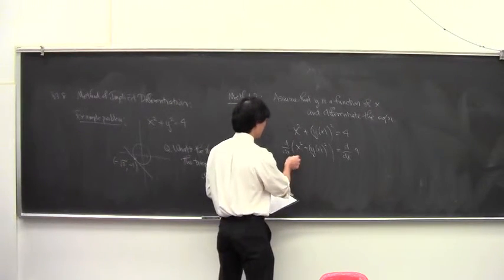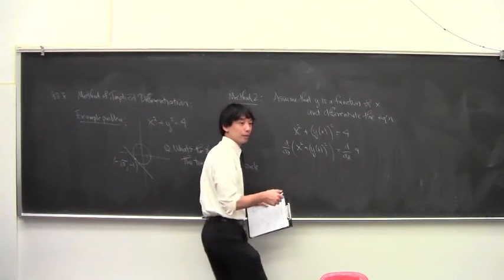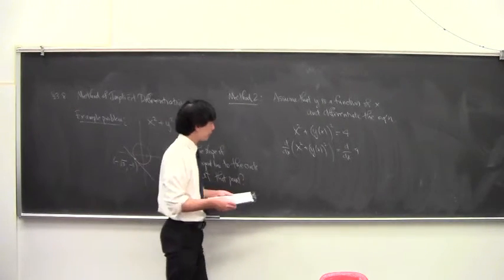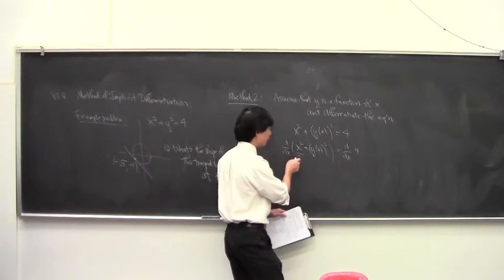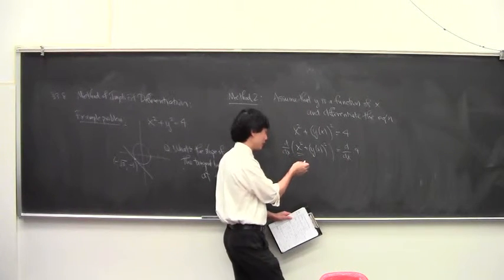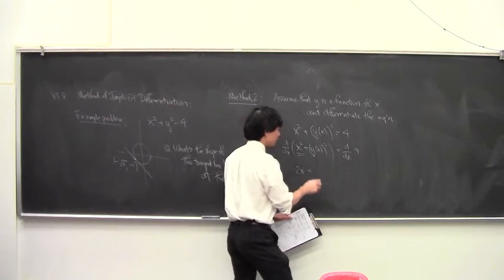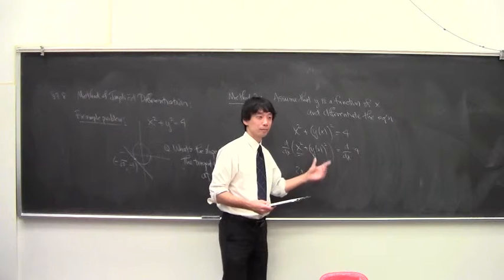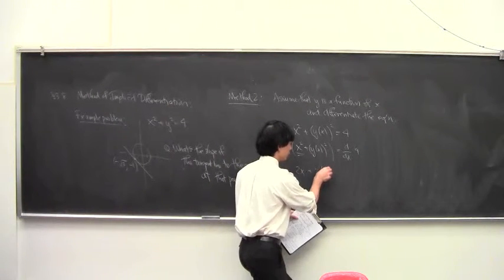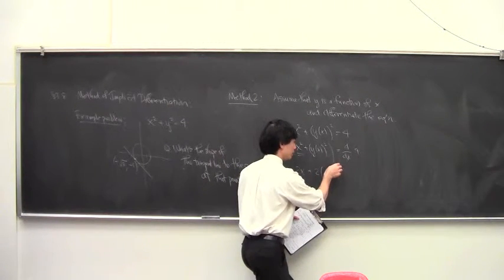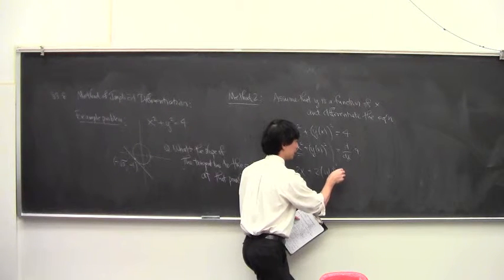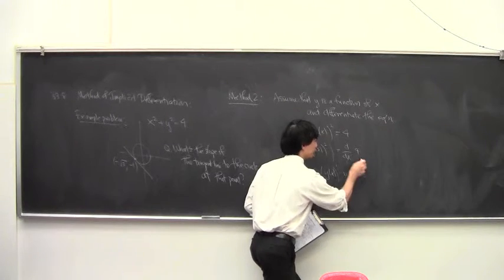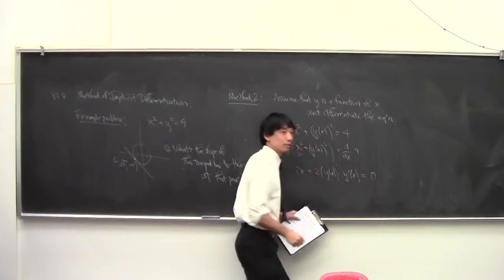What's the derivative of x squared with respect to x? 2x. What's the derivative of y squared? 2y to the 1 times dy/dx. And what's the derivative of 4? Well, that's 0, of course.